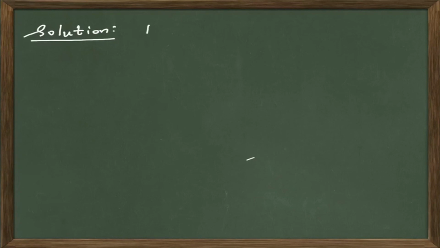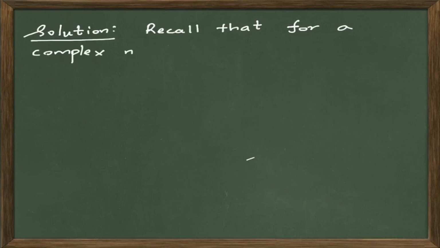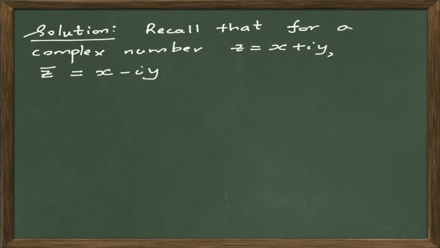First of all, recall that for a given complex number Z equal to x plus iy, its complex conjugate Z bar is given by x minus iy. In the question, we are given that S is the set of all complex numbers such that Z bar is equal to Z square.